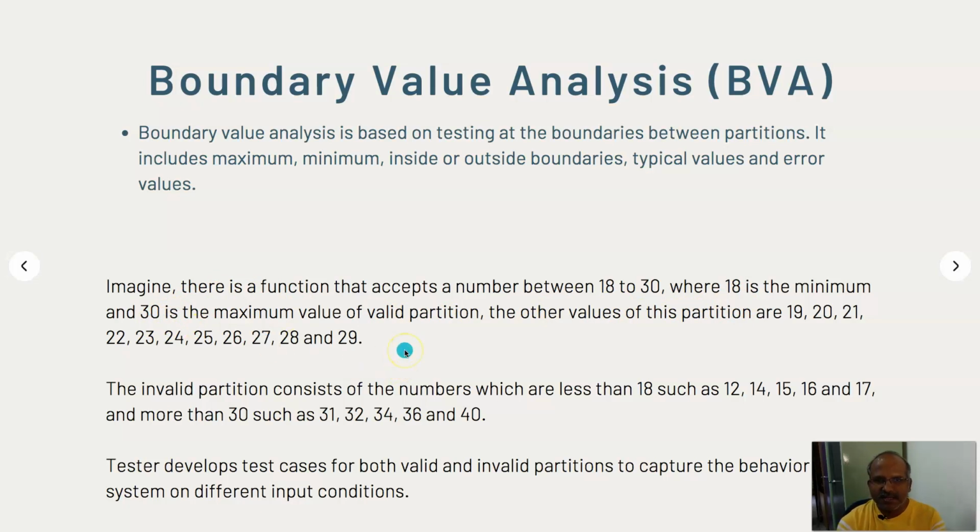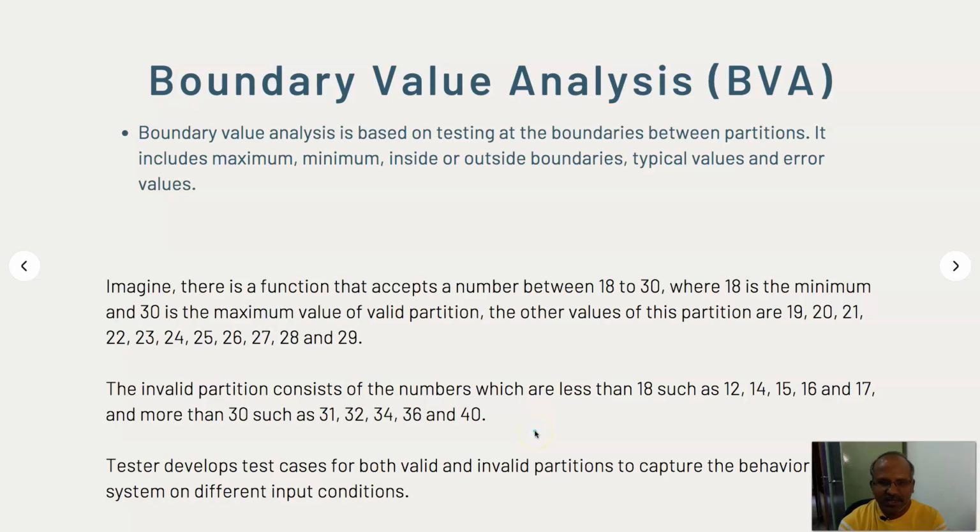But based on boundary value analysis, we're also going to write test cases for the invalid partitions. Anything less than 18 is one invalid partition, such as 12, 14, 15, 16, and 17. And anything more than 30 is another invalid partition, like 31, 32, 34, 36, and 40.